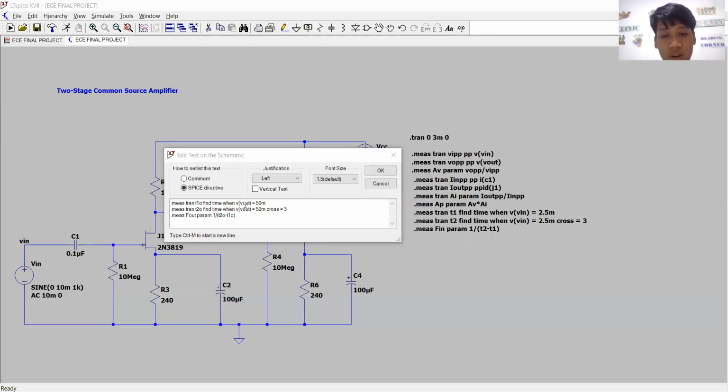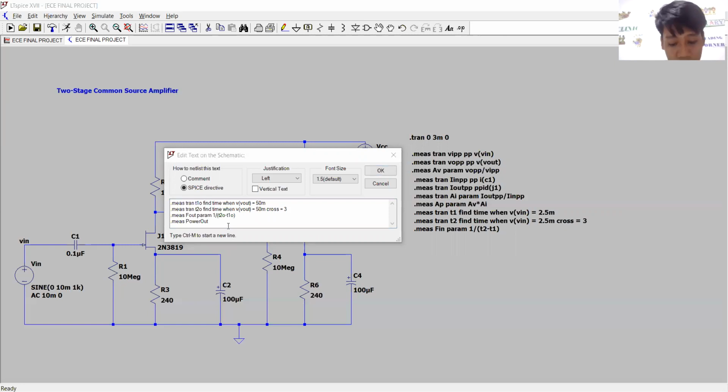Since the formula of the power is voltage times current, this will be the command for finding the power for the circuit. Measure power out. Why power out? Because power out is the output power for the circuit, and the output is the one being produced by the circuit.